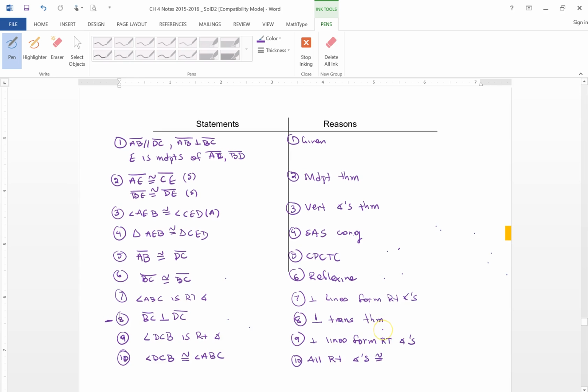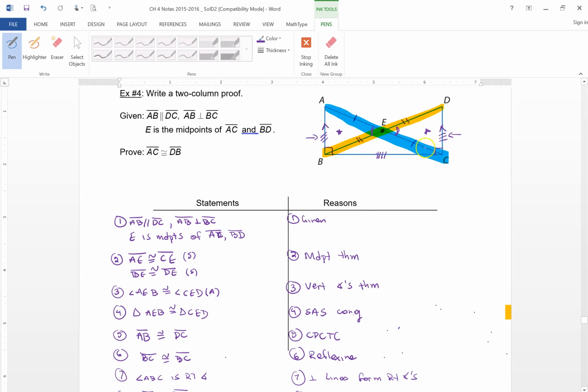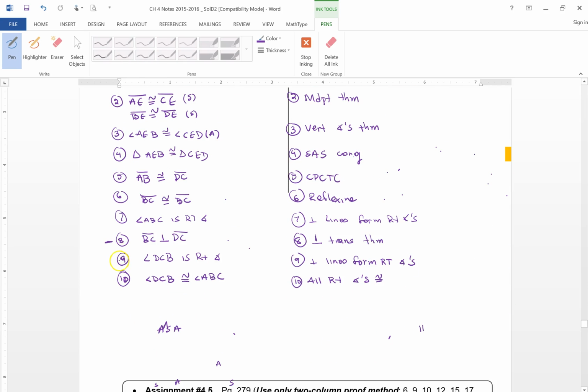So now what I have here is SAS. Okay? So I can say triangle ABC, this big triangle, is congruent to this triangle because of SAS. Here we have S, S, and an angle in the middle. So, triangle ABC is congruent to triangle DCB, SAS congruence.